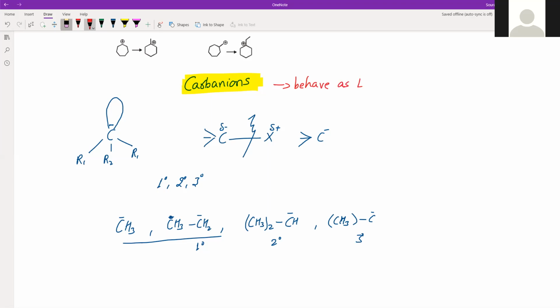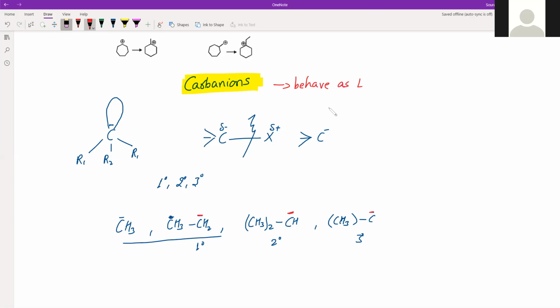Anyone? So can you repeat the question? As I said here, all the carbons are having negative charge, right? In the carbanions. So are they Lewis acid or Lewis base?